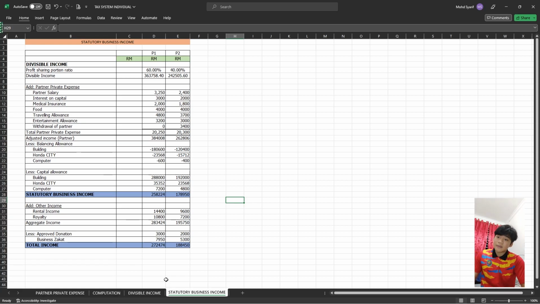And lastly, we get 272,474 ringgit for Umar and 188,450 ringgit for Umairah. This is why the tax computation system is really meaningful to us, because it is easier to understand whether an attribute affects the computation itself.